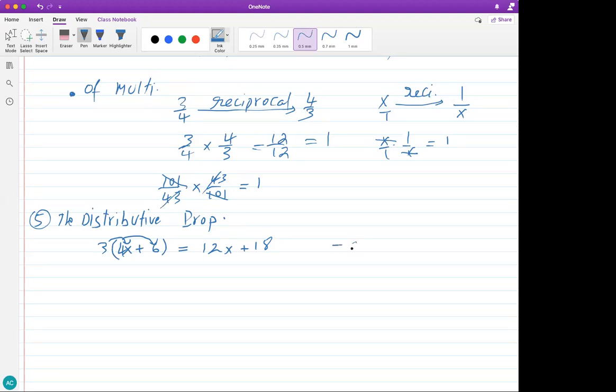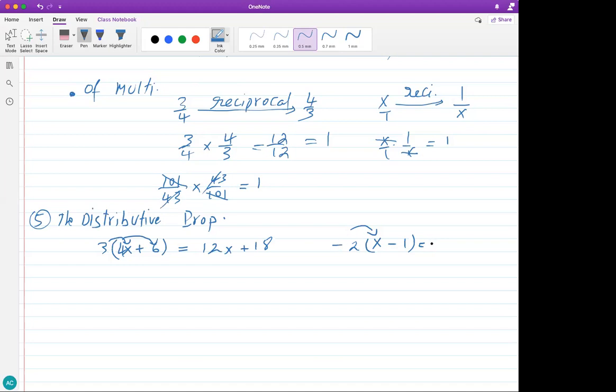We could have, for example, -2 times (x minus 1). In the same way, we're going to distribute. What would this be equal to? The first multiplication: what's -2 times x? We saw the rules of multiplication and the signs last time. Would that be -2x? That's right.